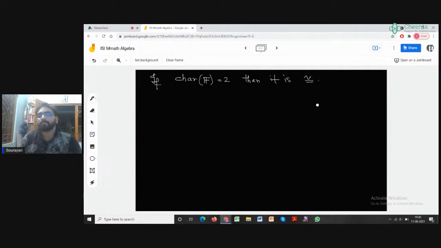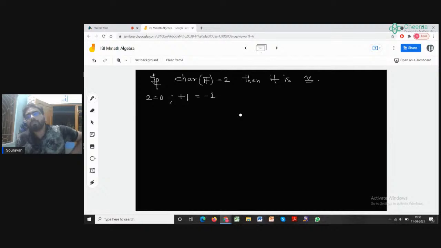As you know, since characteristic of F is equal to 2, you have +1 equal to -1, since 2 is equal to 0. So what is characteristic of a ring?